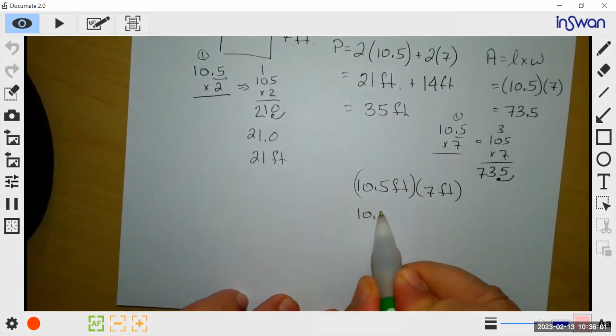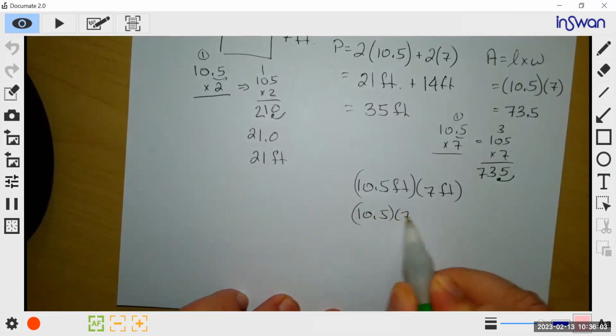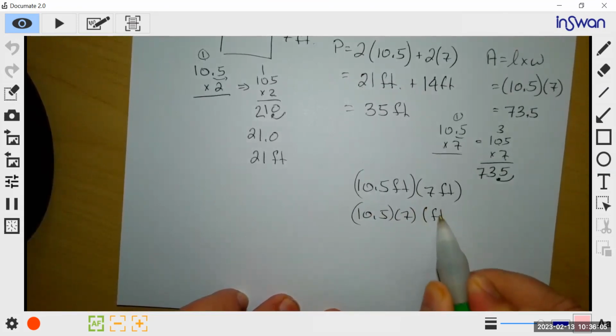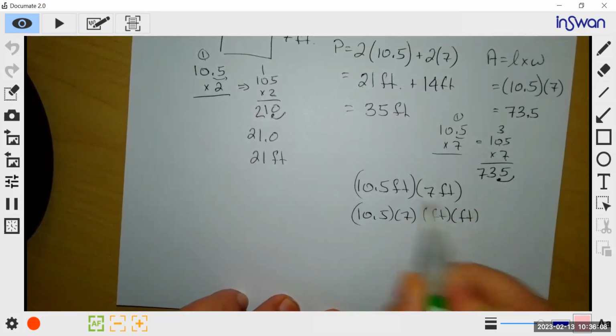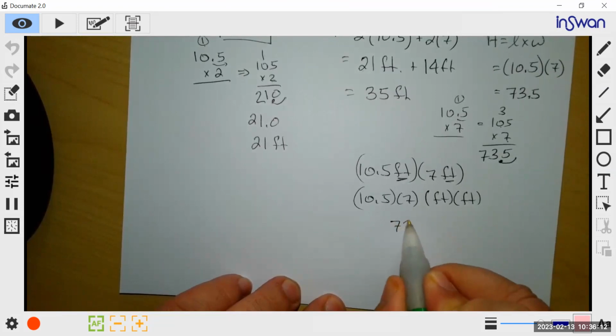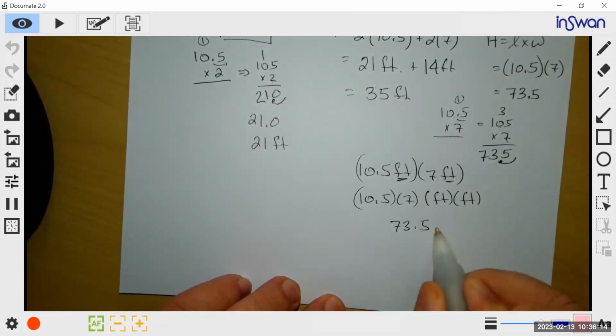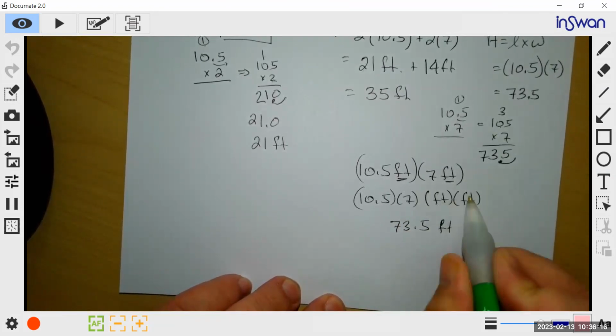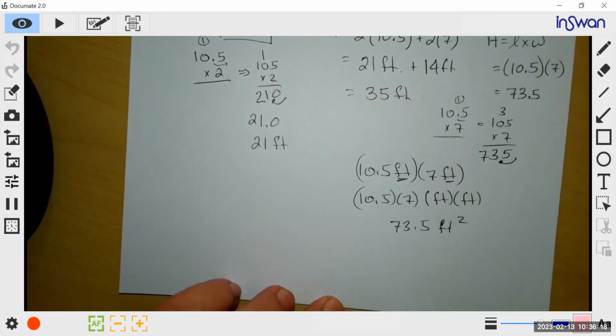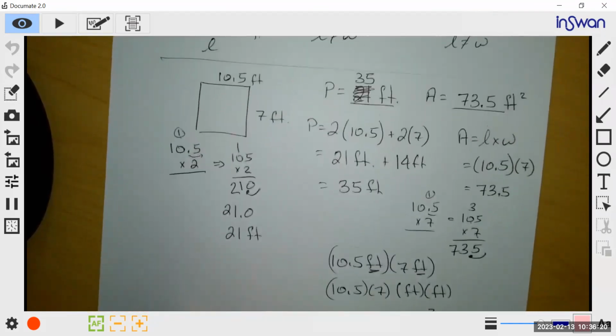So it's 10.5 times 7 feet. These feet and these feet. So it's 73.5 feet times feet is feet squared. The answer is feet squared.